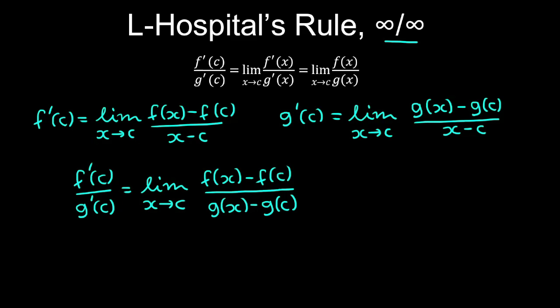And we assume both functions are differentiable at c, and g' of c is not 0. Now if we look at a special case, where f of c and g of c are both large numbers that approach infinity, then what we get is the limit of infinity on infinity.